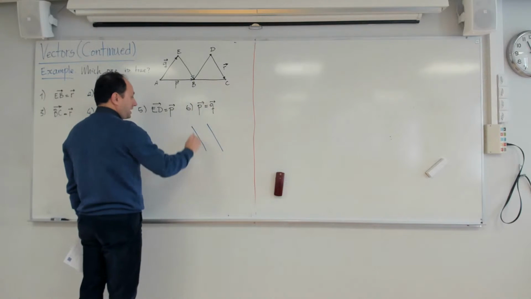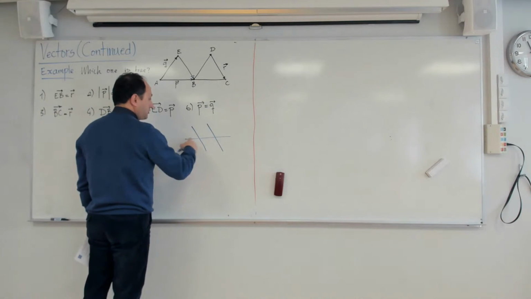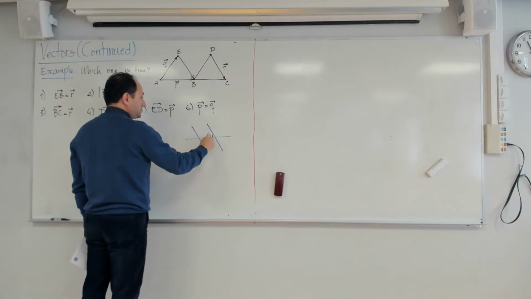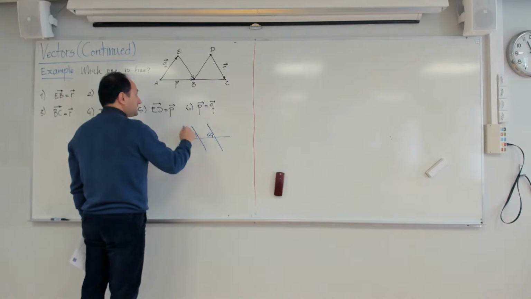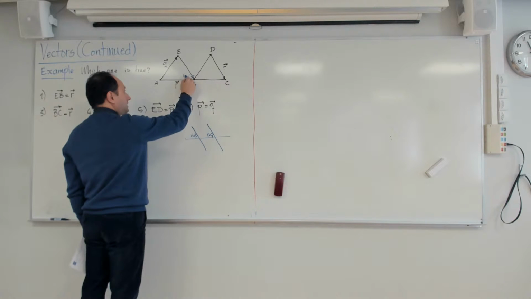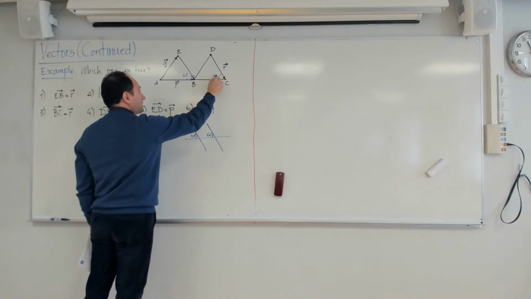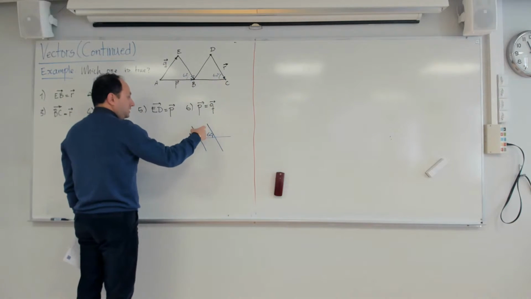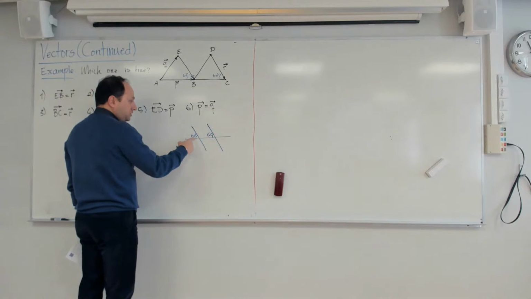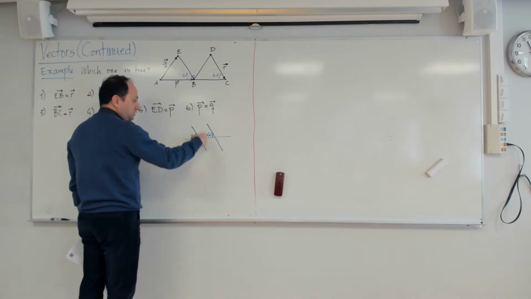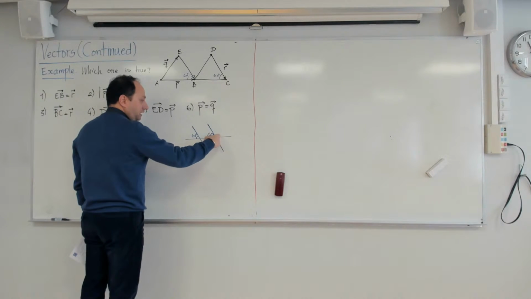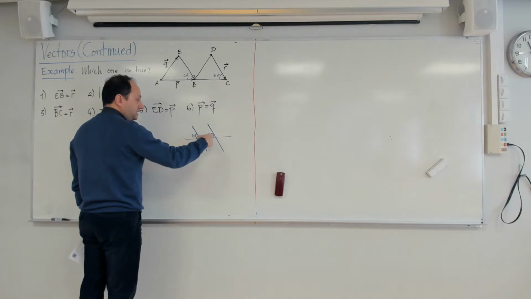We don't know they are parallel, but we know that with this transversal line, this angle is 60, this angle is also 60. So I don't know these two lines are parallel, but I know that these acute angles that these lines make with this same line are both equal to 60 degrees.